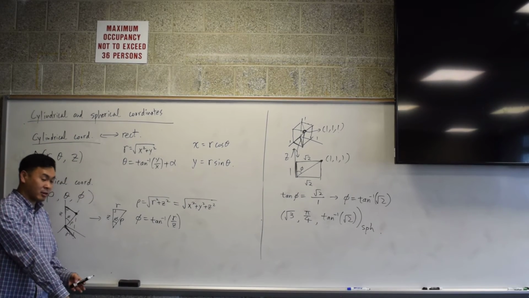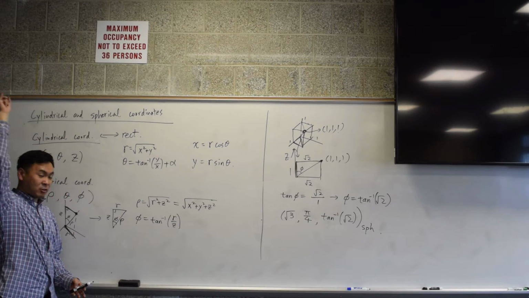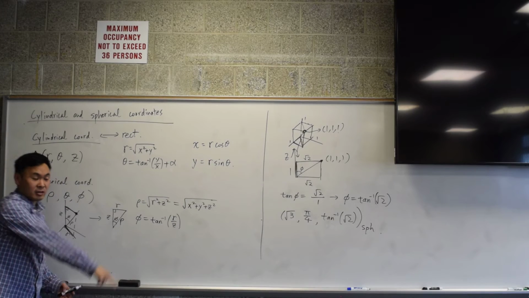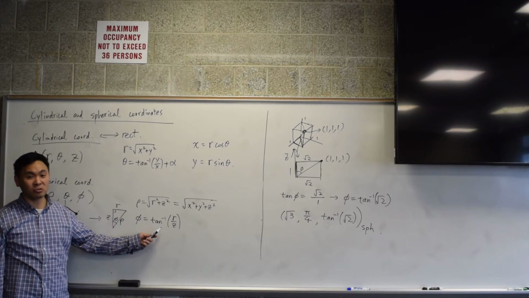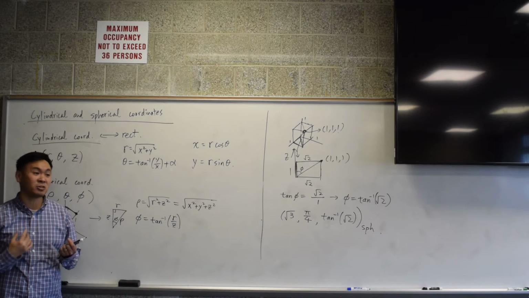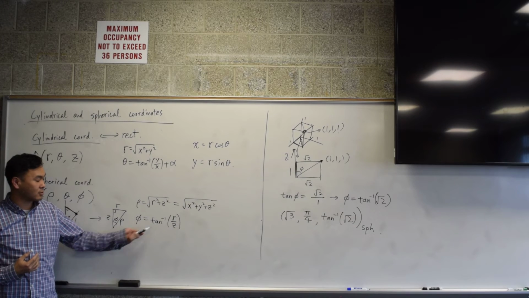If you have anything in the southern hemisphere, the phi has to be beyond 90 degrees, right? And in that case, tangent inverse cannot produce the correct angle because tangent inverse only produces angles from negative 90 to positive 90 degrees, okay? So that's always a problem.